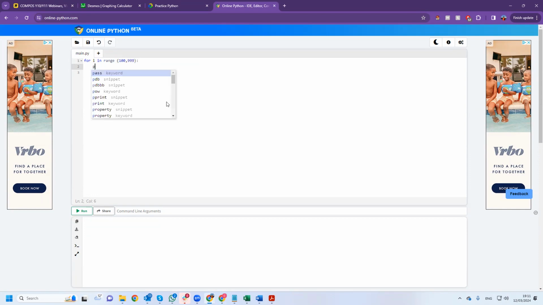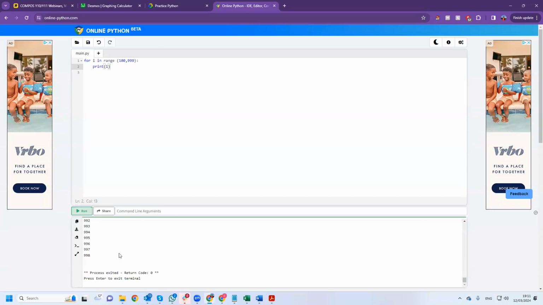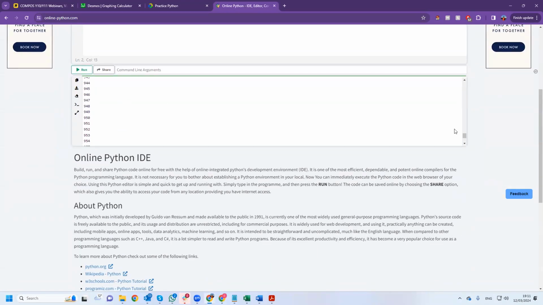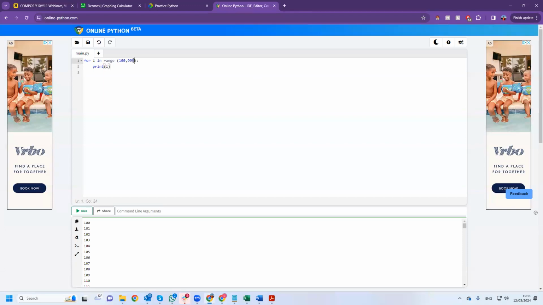Let's just check that it works. Print I. Okay, run the program. It goes up to 998, so it's not including 999. Okay, starting with 100, so up to 1000. Okay, right.